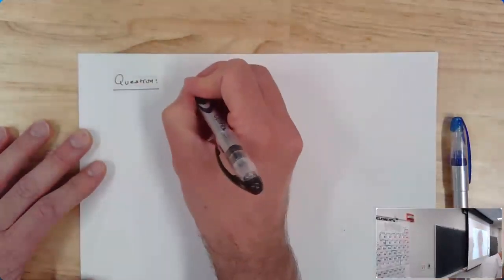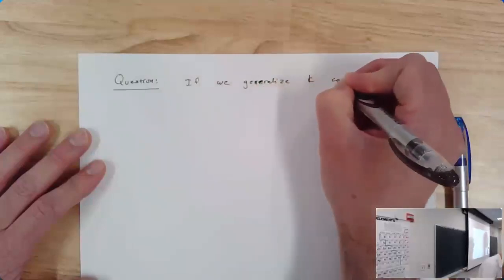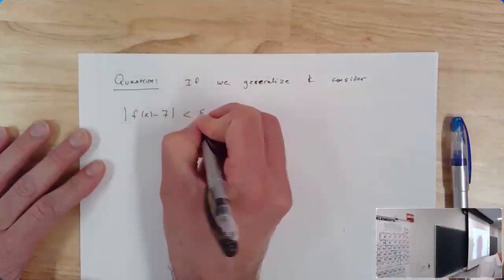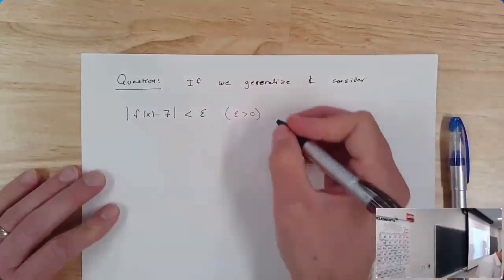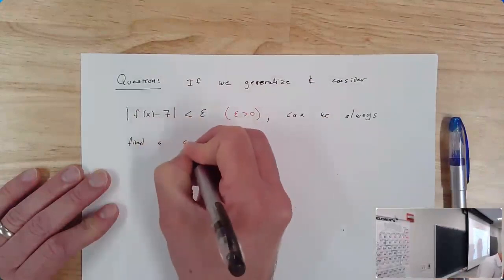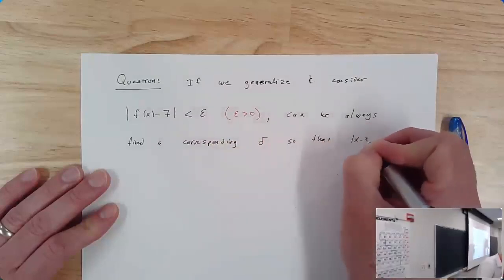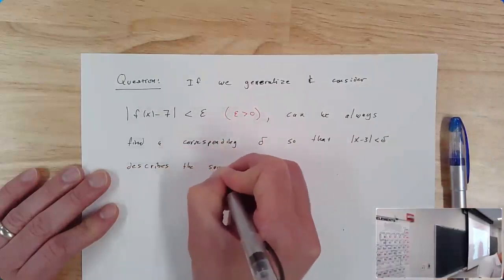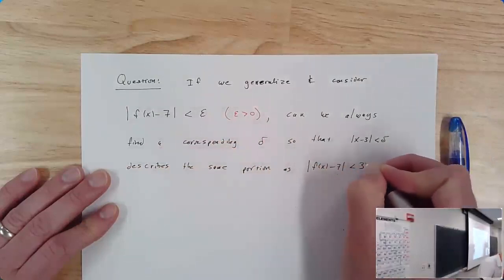If we generalize and consider the absolute value of f of x minus 7 less than some epsilon, where epsilon is a positive number, can we always find a corresponding delta so that the absolute value of x minus 3 being less than that delta describes the same portion of the graph as the absolute value of f of x minus 7 less than epsilon?